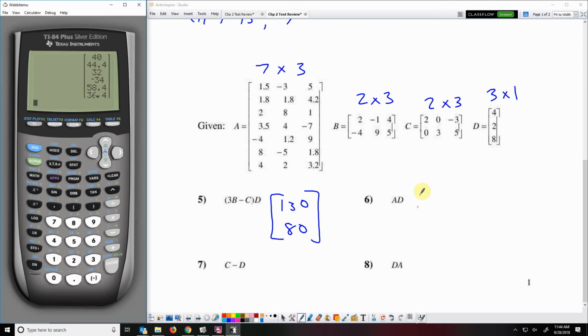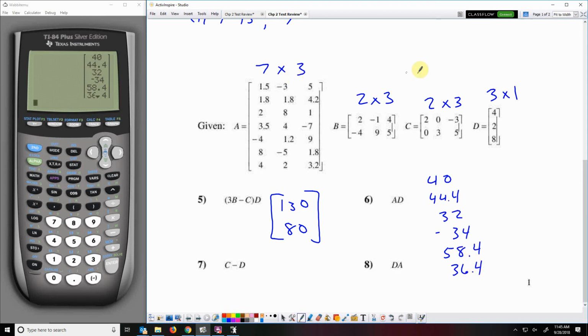Okay, so I have 40, 44.4. If you want to put these in fractions, you can, but it's not necessary because these are exact numbers. There's no rounding. 32, negative 34, 58.4, 36.4, 1, 2, 3, 4, 5, 6.